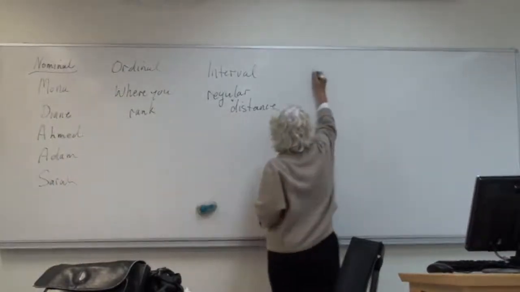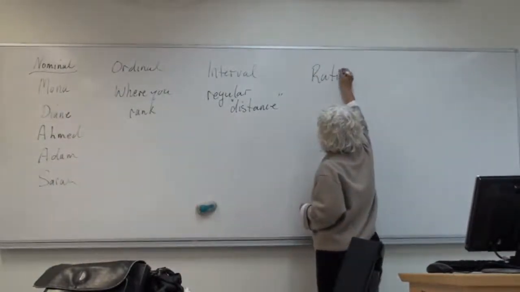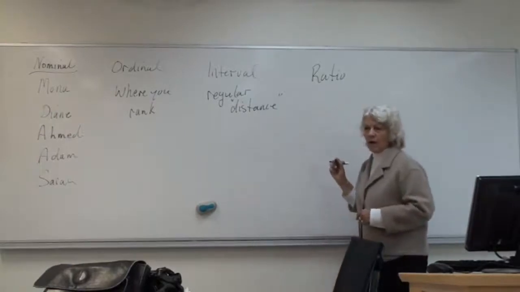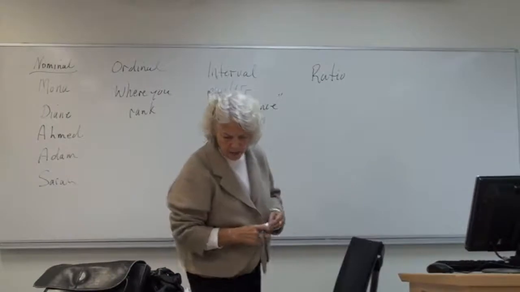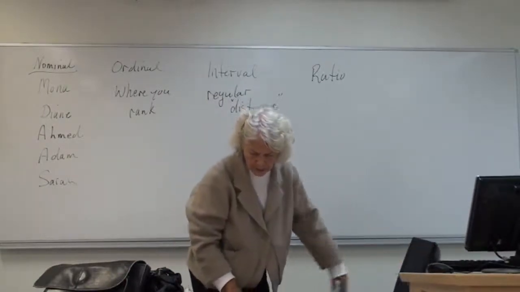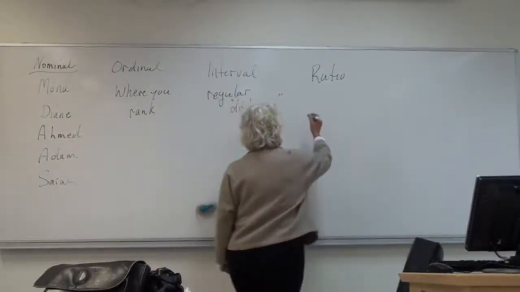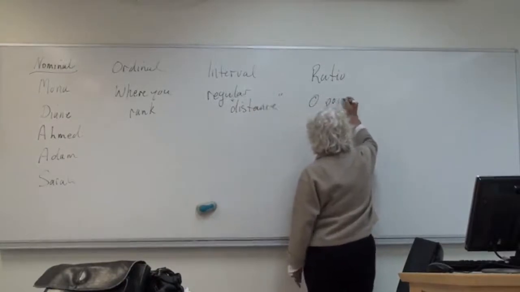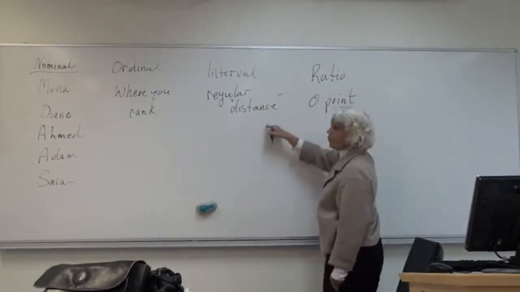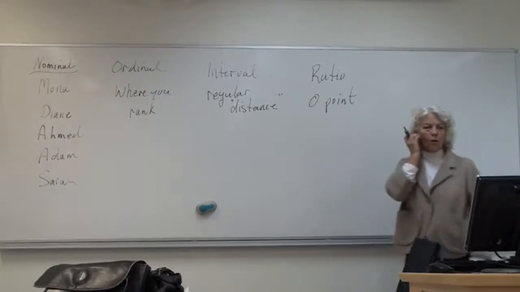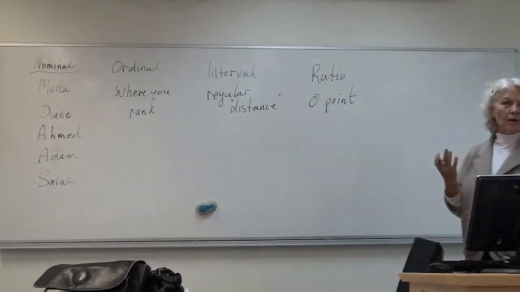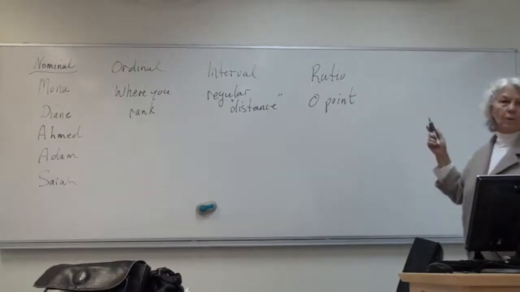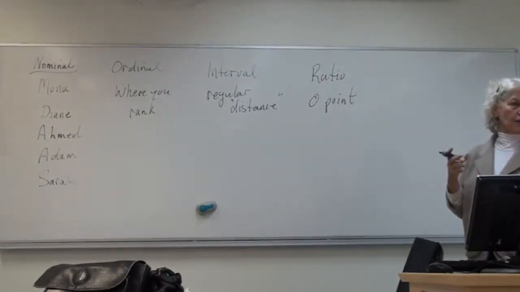But the last and the best one is the one that we use, and that's called ratio. And ratio, the numbers have some meaning, and there's a 0 point. No 0 point in all the rest of them. Because most of the work we do is in numerical data, it's all going to be falling under the ratio section.